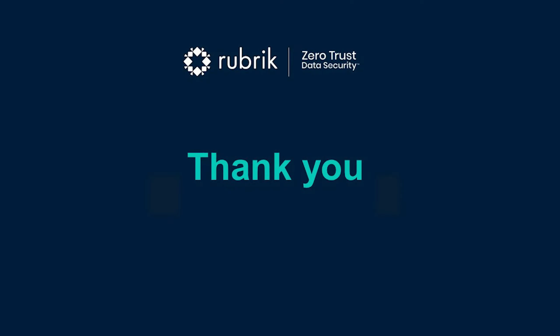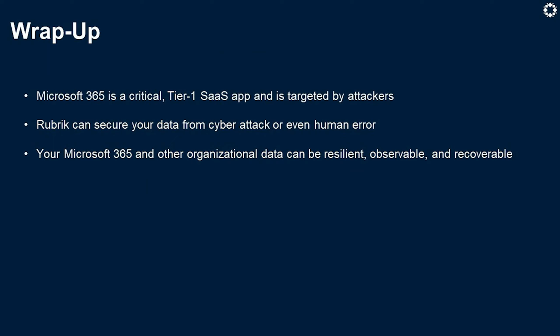So thanks everyone for coming along with us on this tour of Rubrik for Microsoft 365. Now you know that Microsoft 365 data absolutely needs to be protected. So beyond the native Microsoft tools, we work closely with Microsoft engineers to provide the ultimate security, with our close partnership, our collaboration with Microsoft.